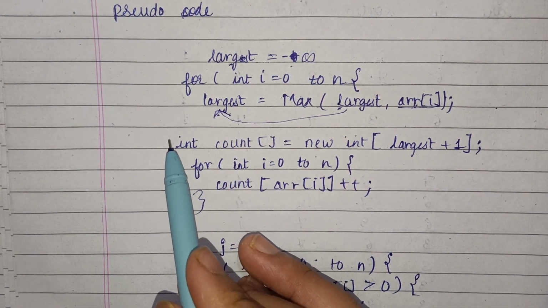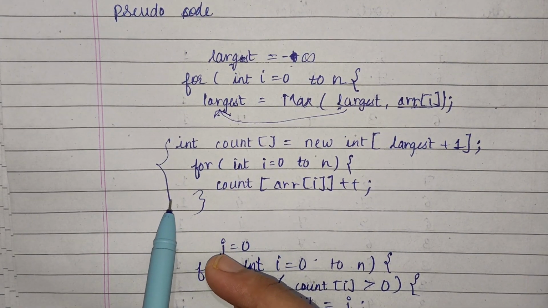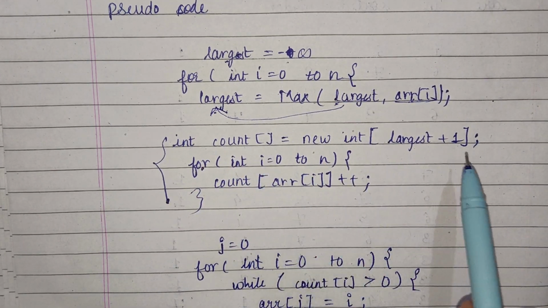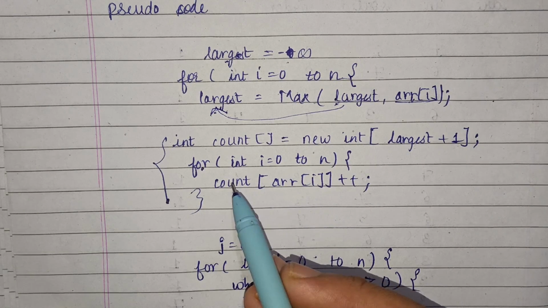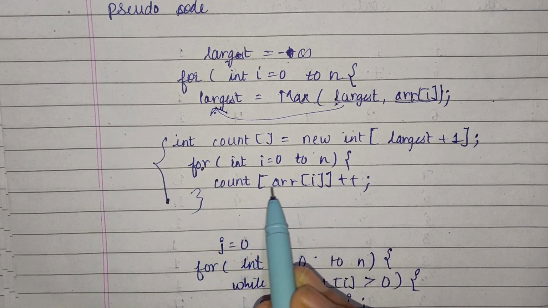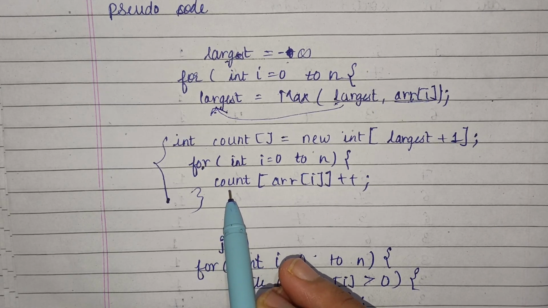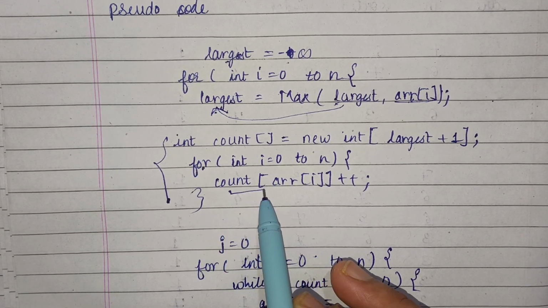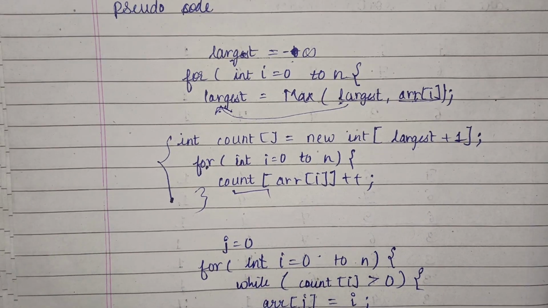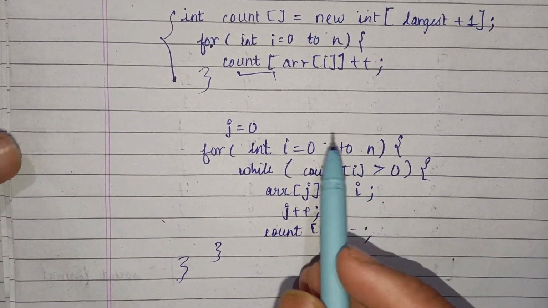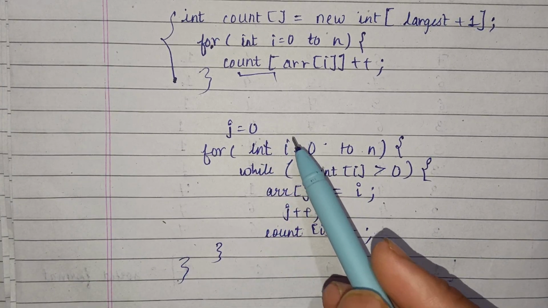Now here we have created an auxiliary array of size largest element plus 1, and we have run a loop and added the frequency count of the elements. And here in this process we have done the sorting part.